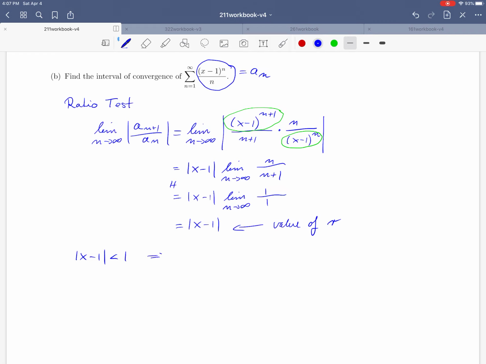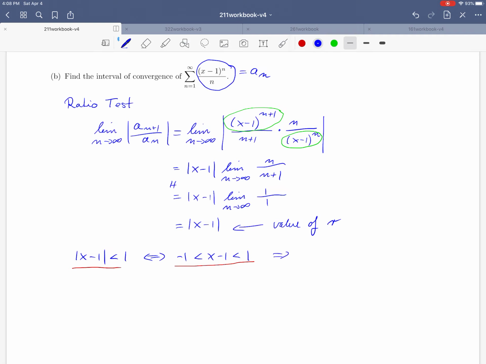We can drop the absolute value and write this as x minus 1 is less than 1, but it's bigger than minus 1. Whenever the absolute value of x minus 1 is less than 1, we need x minus 1 to be less than 1 but also bigger than minus 1. So these two inequalities are equivalent. They say the same thing.